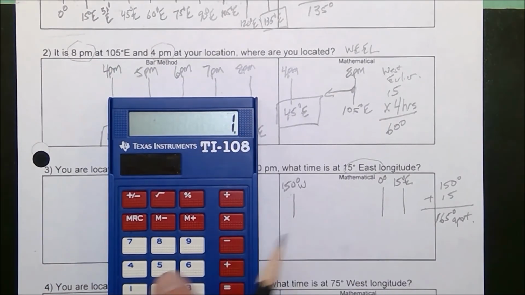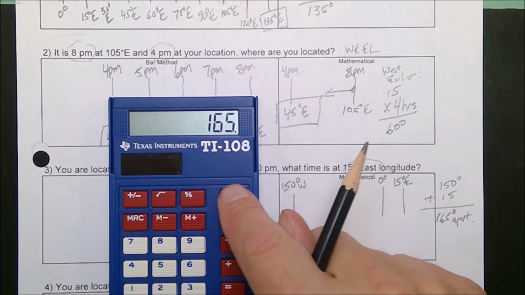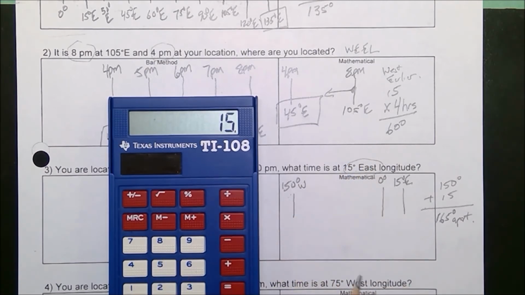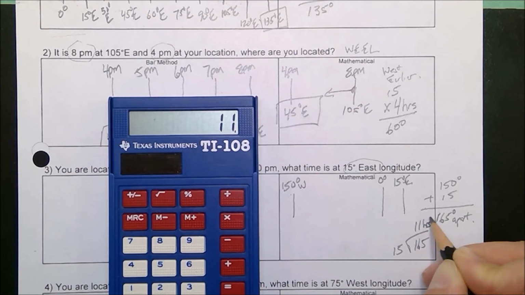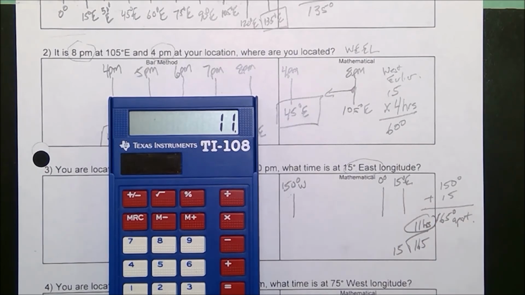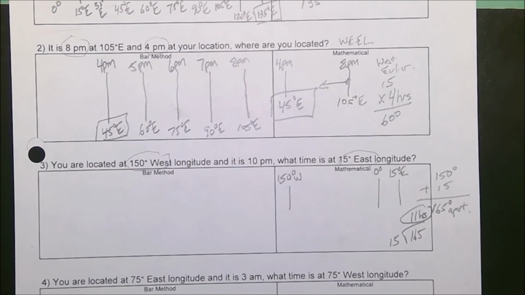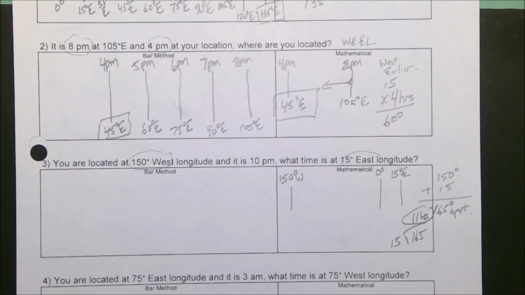Now I'm going to take the 165 and divide it by 15 degrees per hour, which gives me 11 hours apart. So my 2 locations are separated by 11 hours.